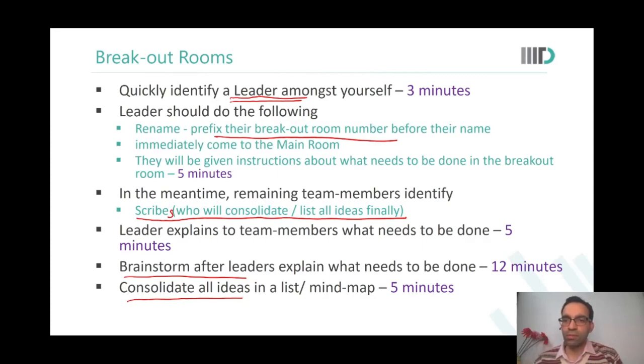Anisha, Anuj, Arham, Sambhav, Shubham, Ritik, please join your breakout rooms. Shubham, Arham.